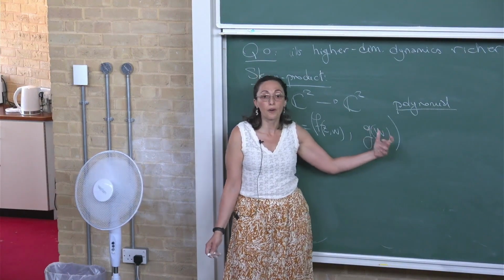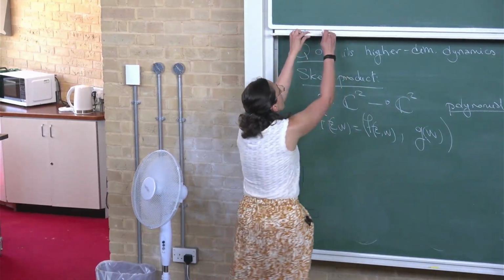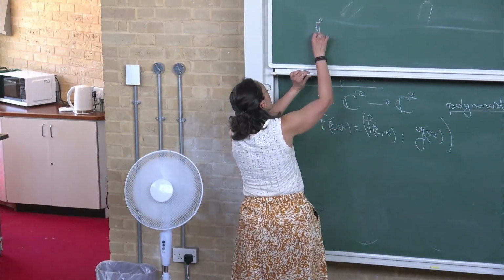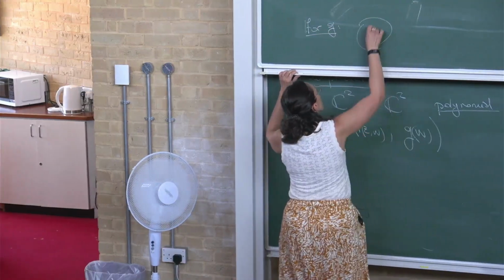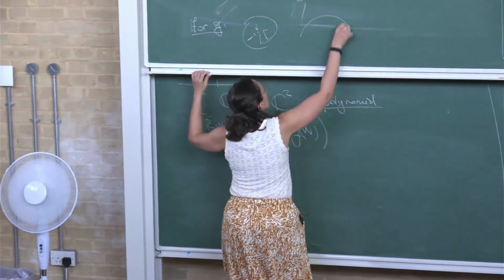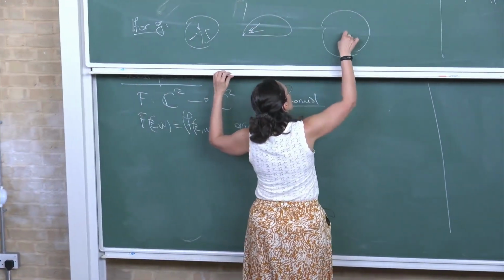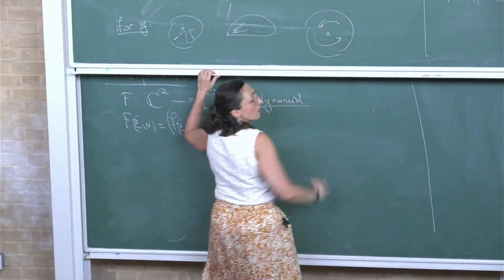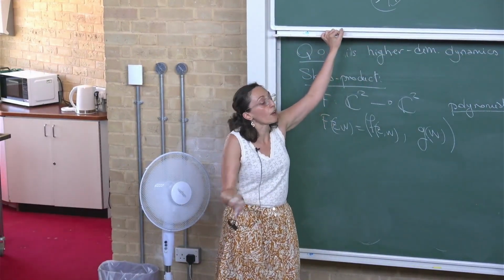So what you're going to have for G are attracting basins, parabolic basins, or Siegel disks, for invariant ones. But they're all pre-periodic.